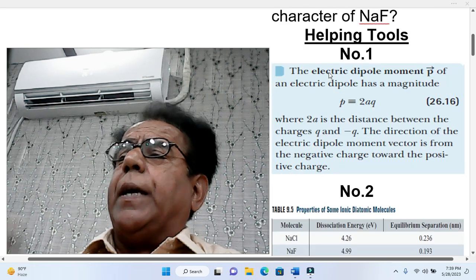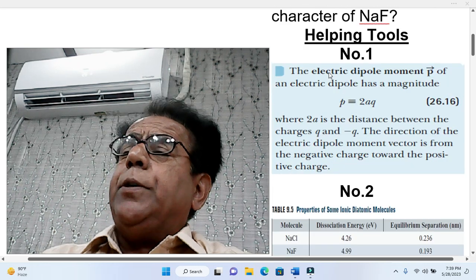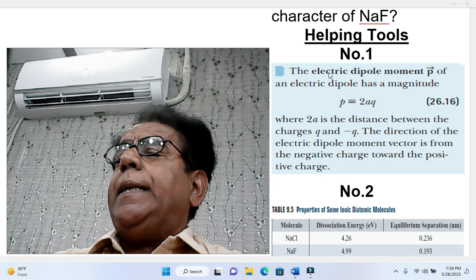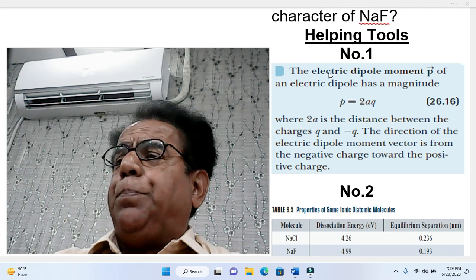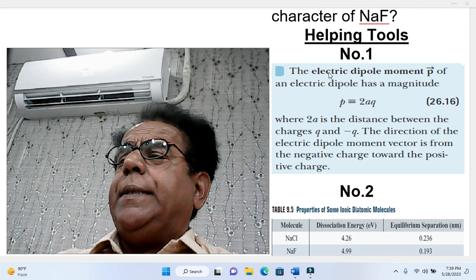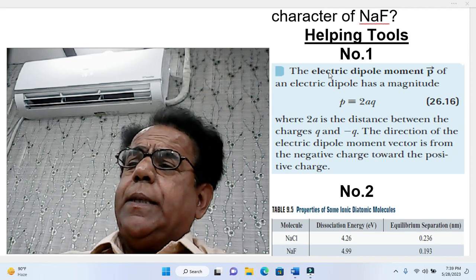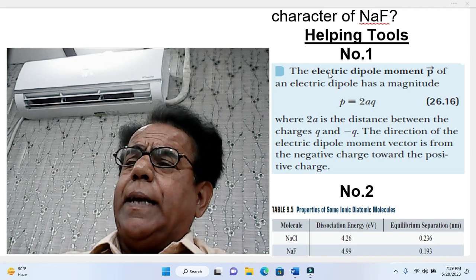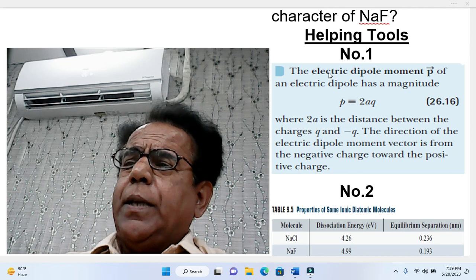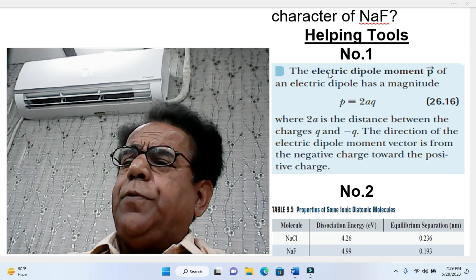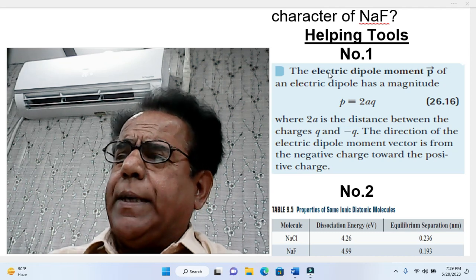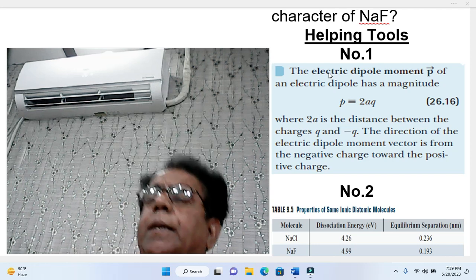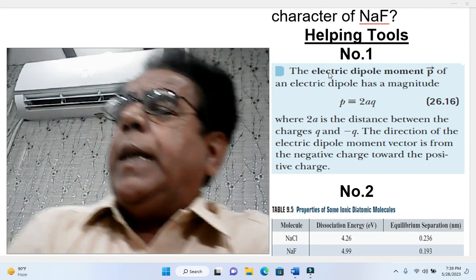Helping tool number 1. In helping tool number 1, electric dipole moment is defined, but here our method or approach will be slightly different from this expression or definition of electric dipole moment.